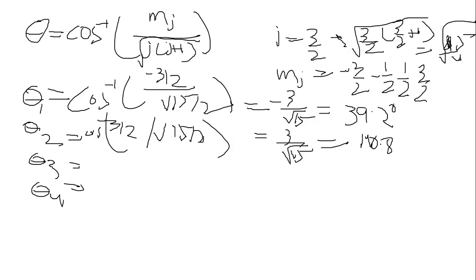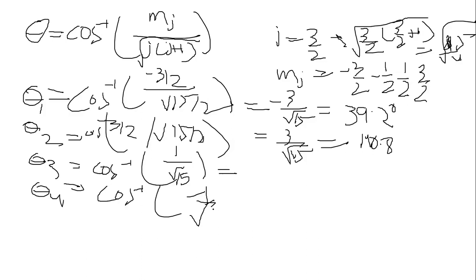So the value will be 140.8. Similarly, if we take mj equal to plus minus half, then it will be cos inverse 1 by root 15, and another will be cos inverse minus 1 by root 15. What will be these values?